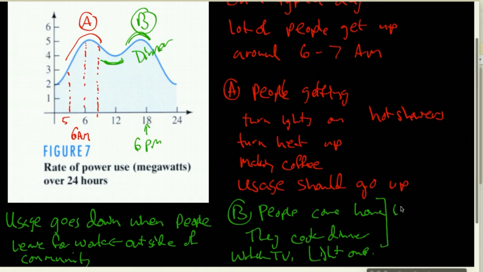Again, usage should go up. And then finally, at the end of the day, usage is going back down as people go to bed. That's why we see the big drop, particularly after about 10 p.m.